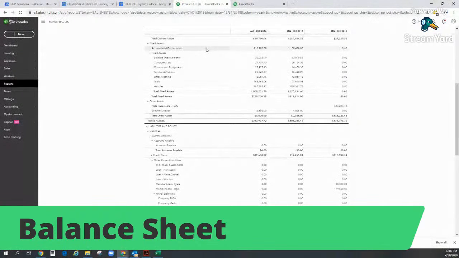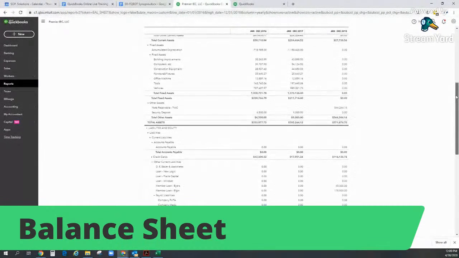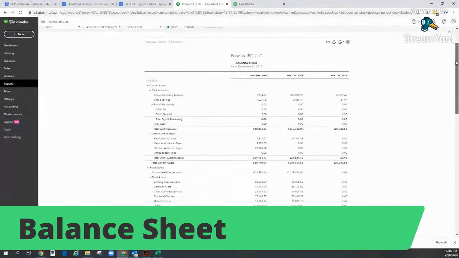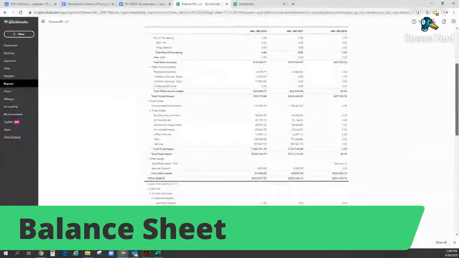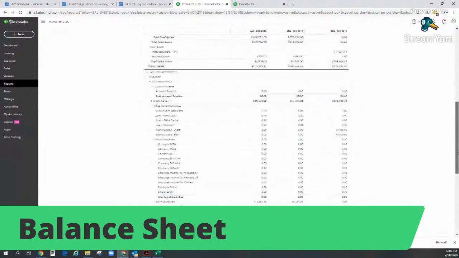The balance sheet has assets. And assets can be if I own the company, but I owe the company money, then it's a member advance or a partner advance. I owe the company this money. Those are assets of the company.